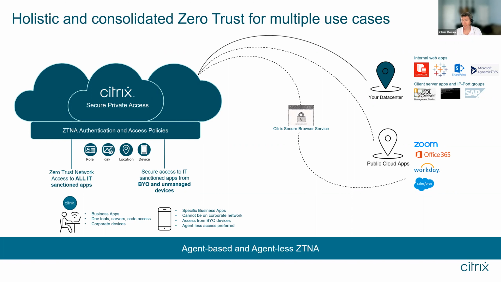The answer is that it can be done. We require that the Citrix Cloud is the authentication point. So if somebody tries to log in to something like Workday, they're redirected to log in to their Citrix Cloud account. That's how the authentication takes place, securing that SaaS app from being directly accessed without using SPA.